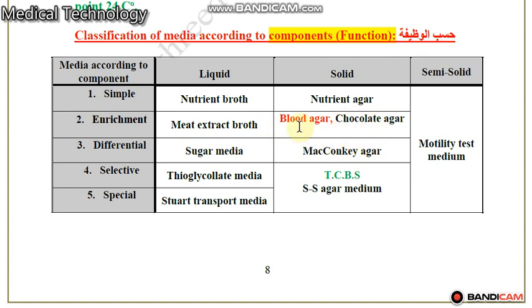Blood agar becomes enriched media because it contains blood, human blood or horse blood.